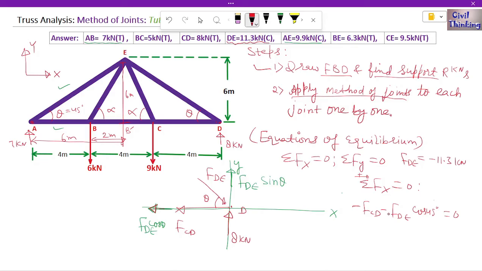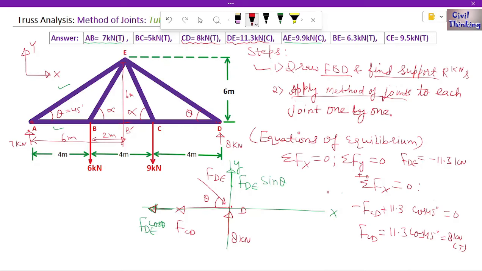So this negative and negative will cancel out, it is going to be positive 11.3 here, and from here we will get the value of FCD. It is 11.3 cosine of 45 degrees. Let me use a calculator. 11.3 multiplied by cosine of 45 is approximately equal to 8 kilonewton. Because it is a positive value, it means it is in tension. So force in CD is, yes, it is 8, so all the calculations are right.